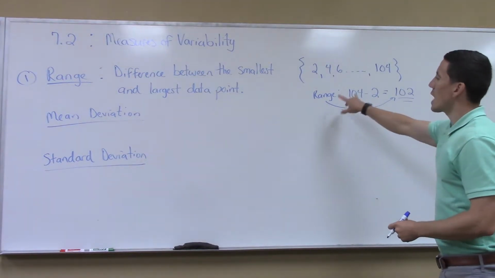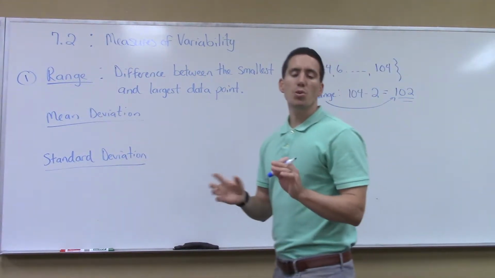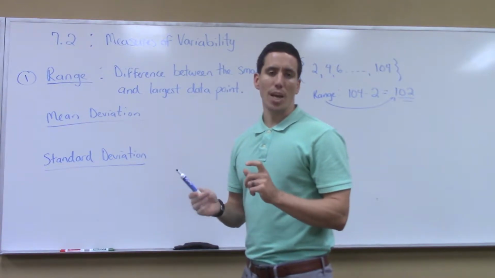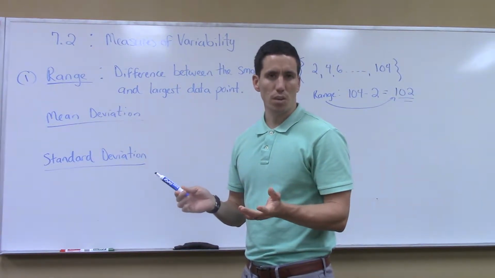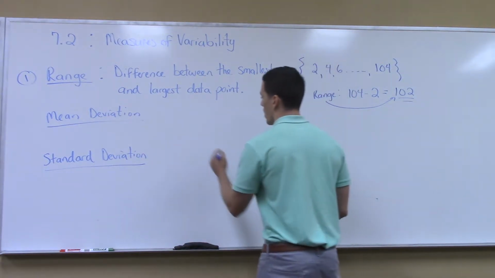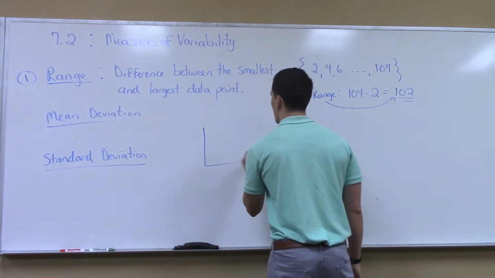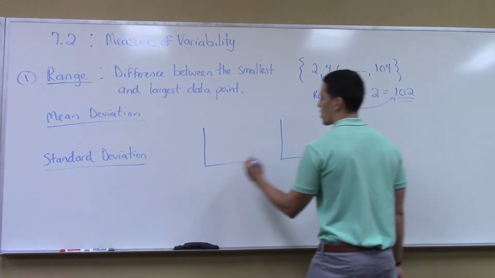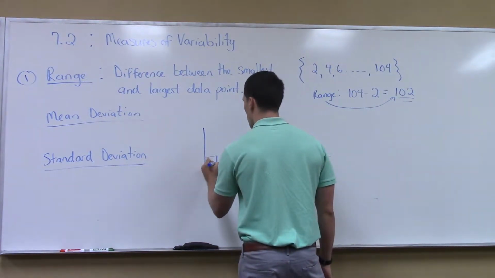The problem with stopping at the range is that two data sets can have the same range and still be organized very differently. Let's take a look visually with a couple of graphs at what that might look like. They have an example of this in the book, which is a really good example. I really like it.